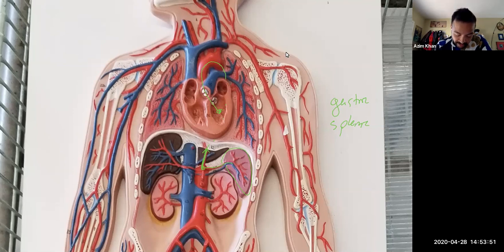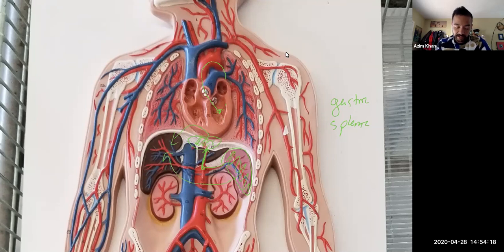I'll just start talking about these first. The gastric or splenic arteries will go to the stomach or the spleen and capillaries. From the stomach and spleen, the blood won't go straight to the inferior vena cava. Our next direction is directly to the liver.